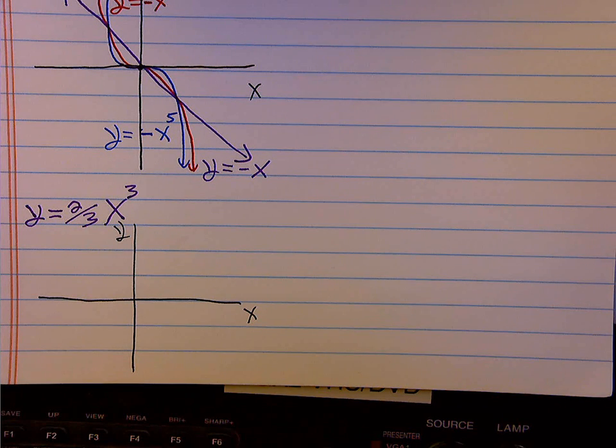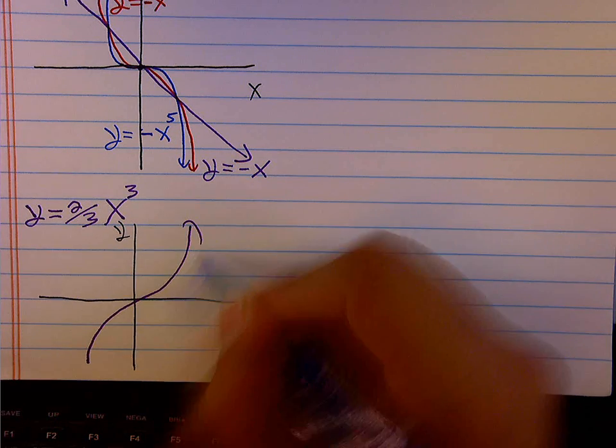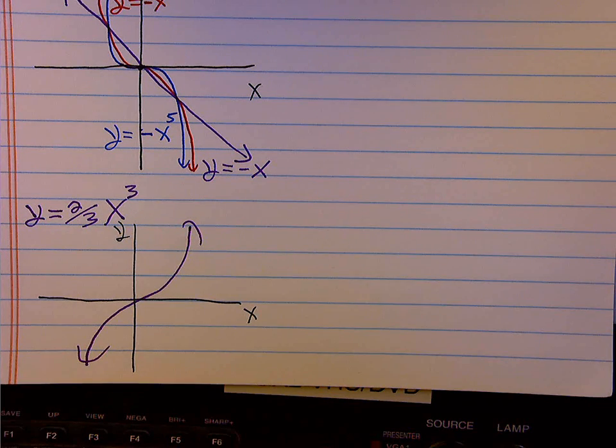The number in front, is it positive or negative? Positive, which means from left to right it'll behave like a line with bend. If it was a line with a positive slope from left to right, it would be going up or down? Up, but since it's a third degree, it's going to have some bend in it. I can make a quick, rough graph of this power function just because it's odd and my number in front is positive.